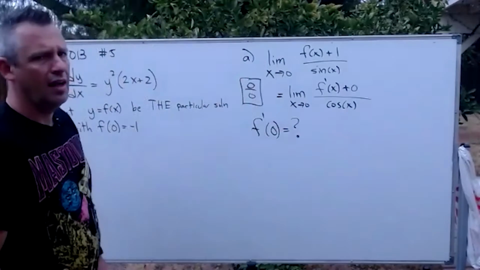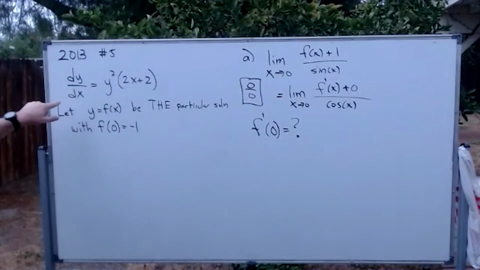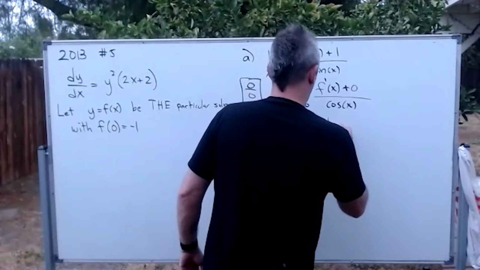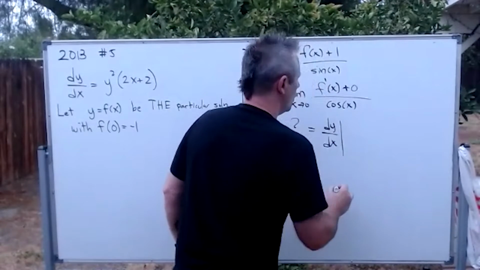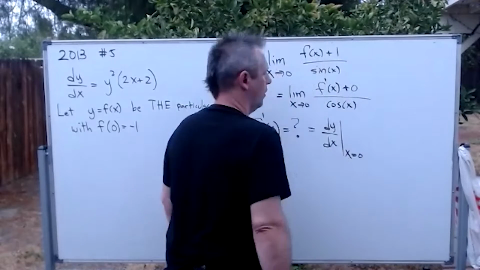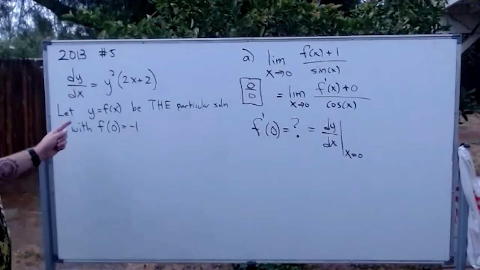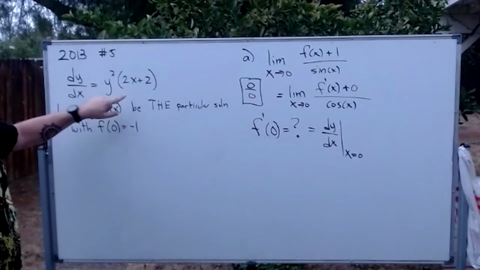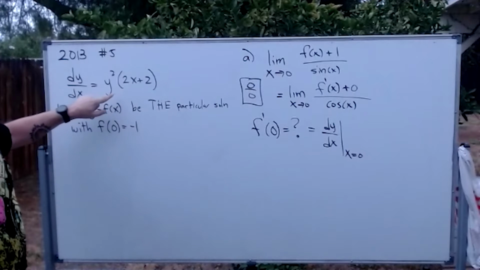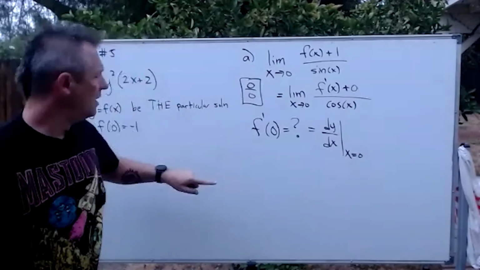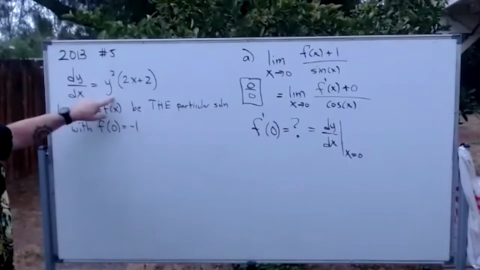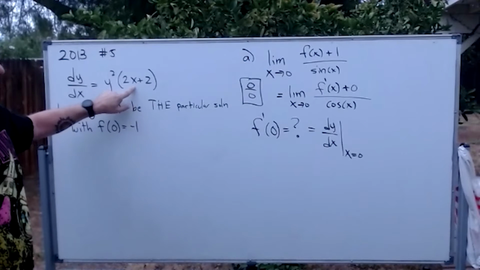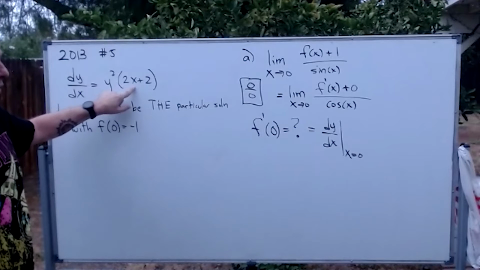Okay, well, f prime is dy dx. So what we're really asking for is, what is dy dx when x equals 0? That's what we want to know. Well, dy dx ends up equaling this expression right here. And we know that dy dx when x equals 0 is whatever y equals when x equals 0 times 2x plus 2, where the x ends up being 0 as well.